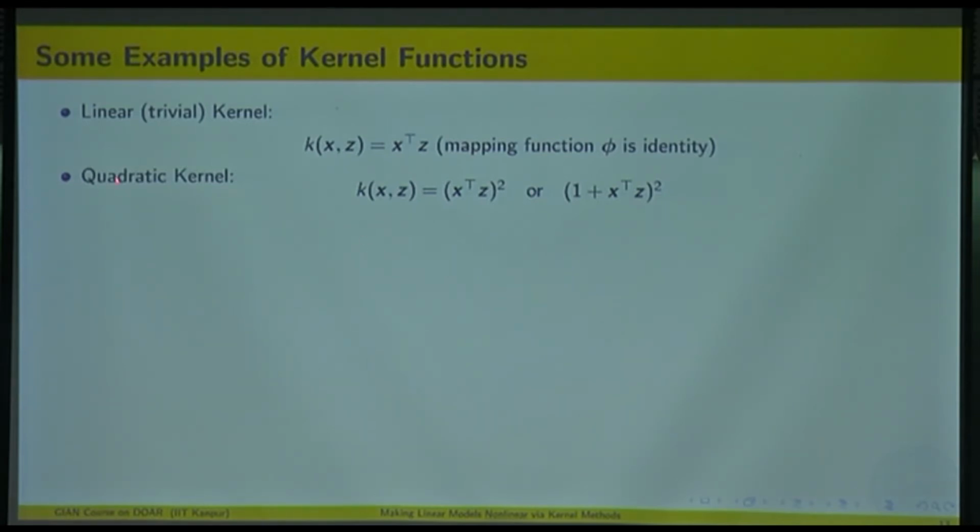This is called a quadratic kernel because you are computing x transpose z, the usual inner product similarity, and then you're squaring it. Quadratic means power 2. You can generalize this. You can have a polynomial kernel of a certain degree d, where d is greater than or equal to 2, which will look like this: x transpose z to the power d. This is known as the polynomial kernel of degree d.